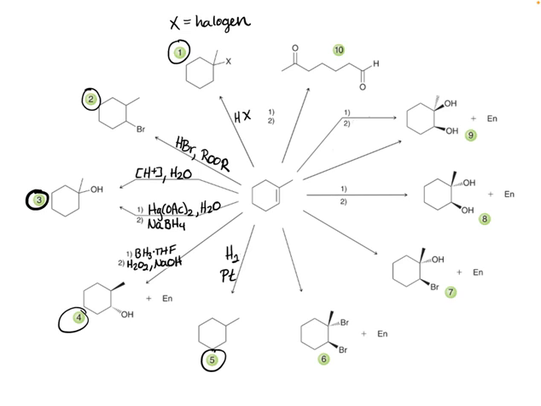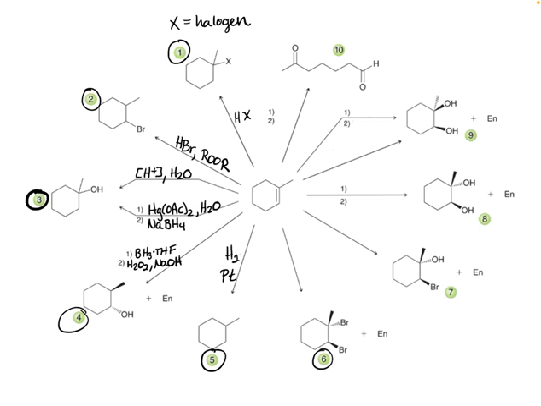Okay, on to number 6. All right, so number 6, it looks like we're adding 2 bromines, and it looks like they're anti to each other because one is a wedge, one is a dash, and we're also forming the enantiomer.